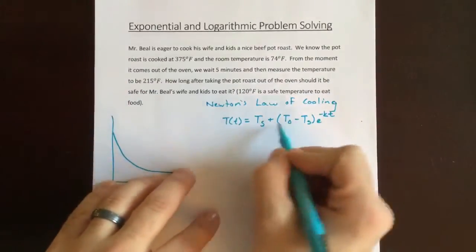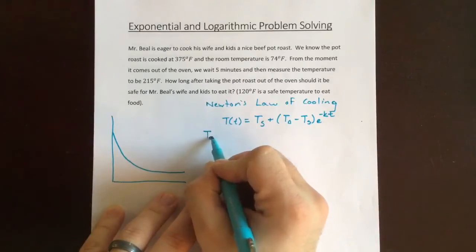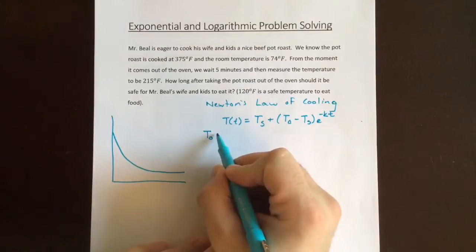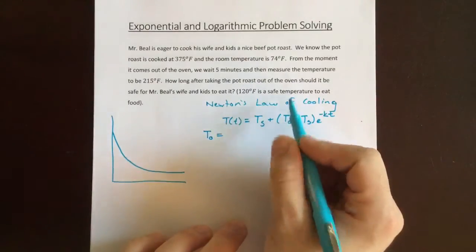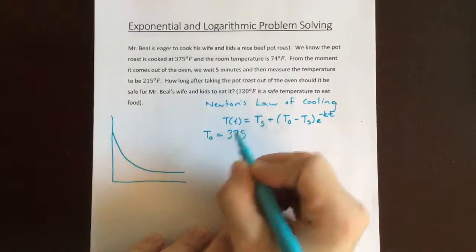The next thing I would recommend is making a list of what we know. The initial temperature, our T sub 0, is what the pot roast was at the very beginning, which is 375 degrees.